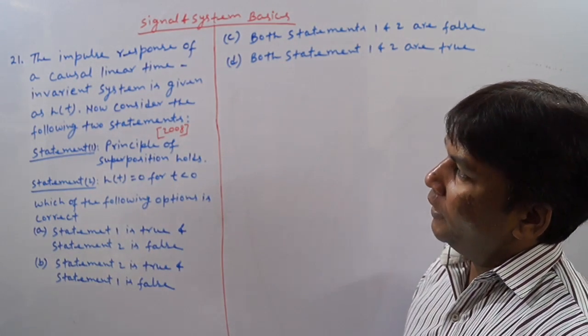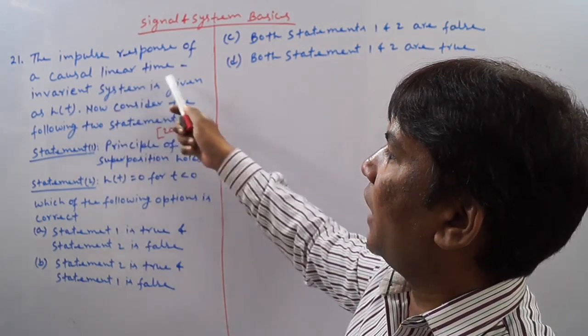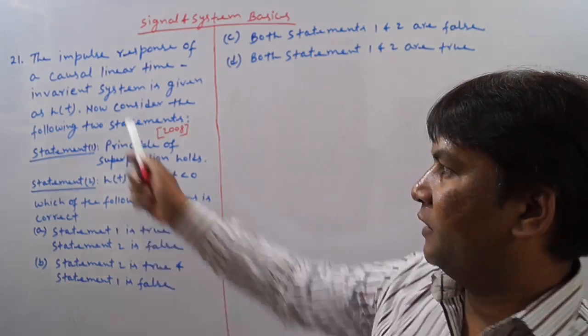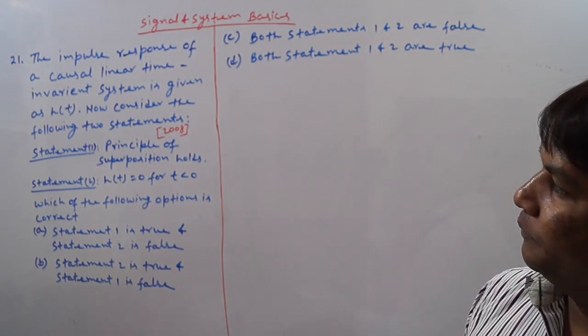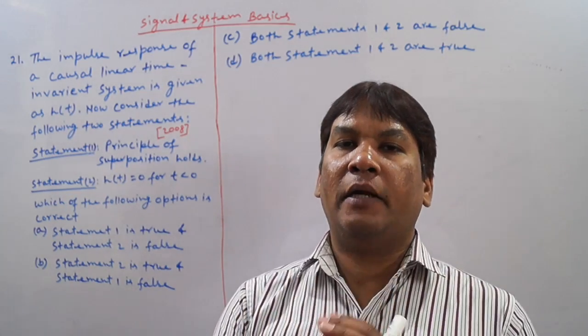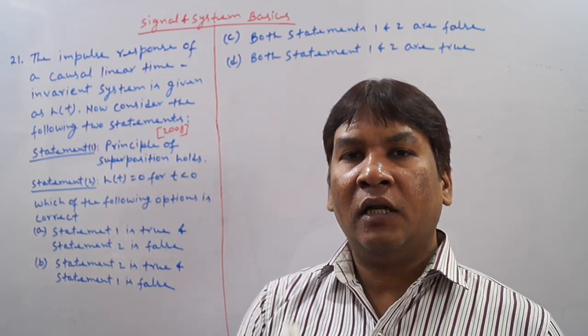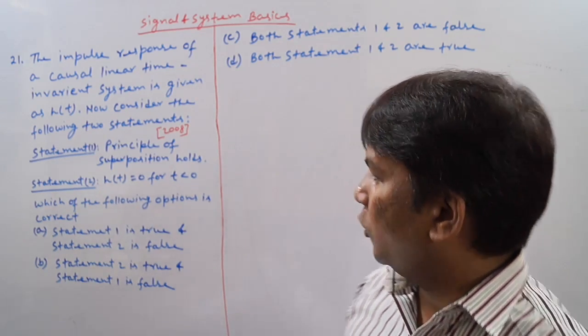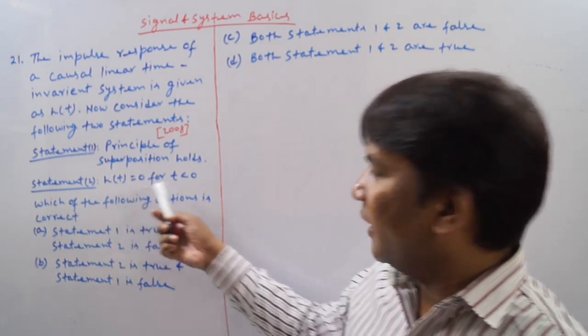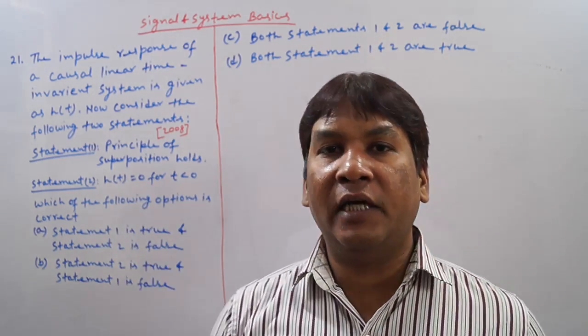The question is about the impulse response of a causal linear time invariant system, s(t). If the system is causal linear time invariant, then definitely s(t) will be 0 for t less than 0.